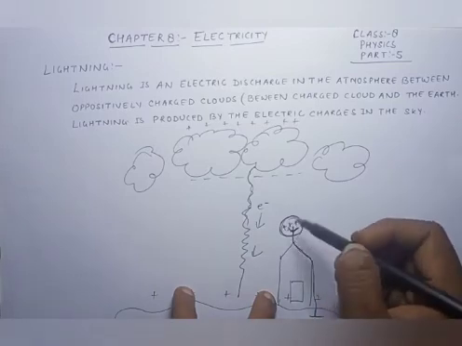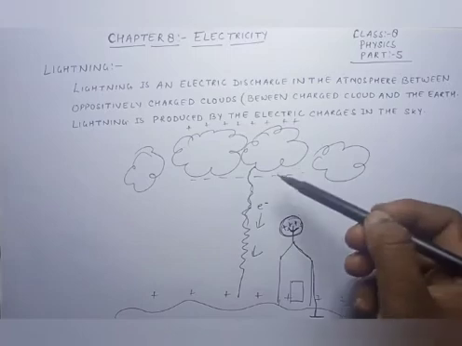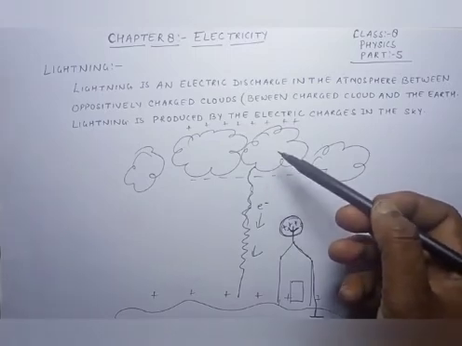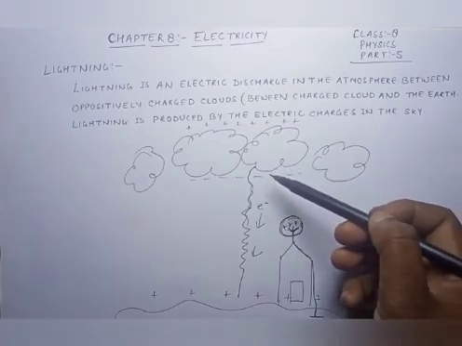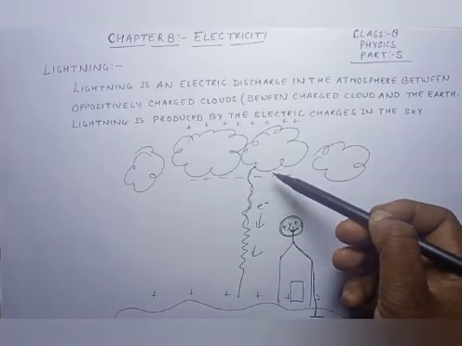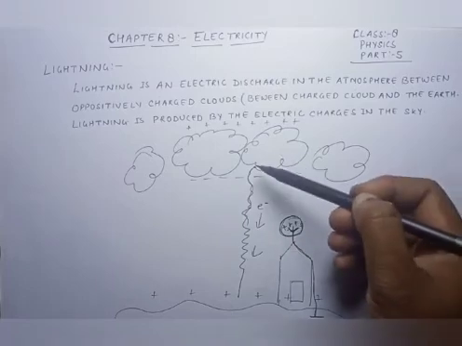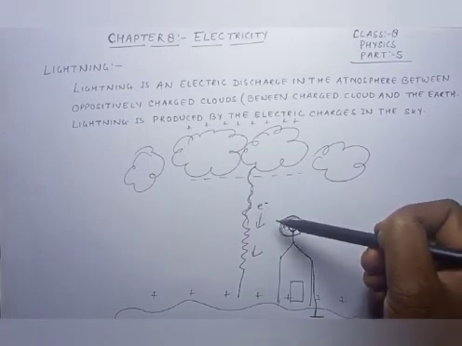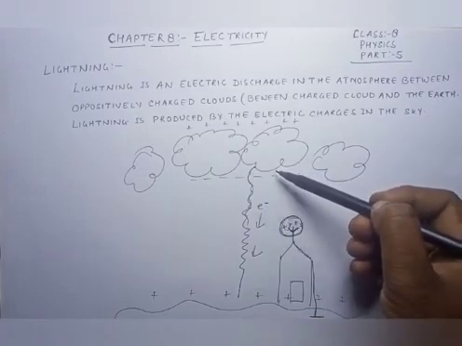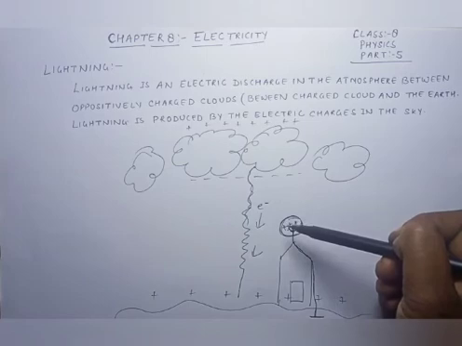Since they are at the top of the building, when the electrons or the charge move from the cloud, these negative and positive charges are going to attract each other. So when the electrons move down, they are attracted towards this positive charge.